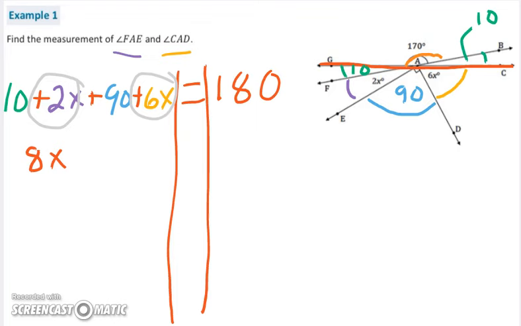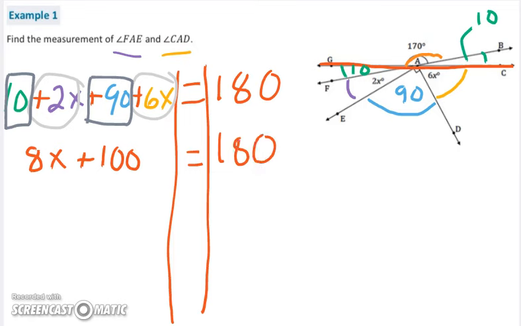At the same time, I also see a positive 10 and a positive 90. So I can combine those and get a positive 100. And that will equal 180.